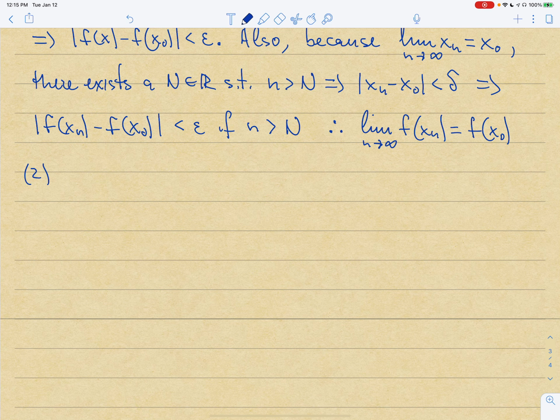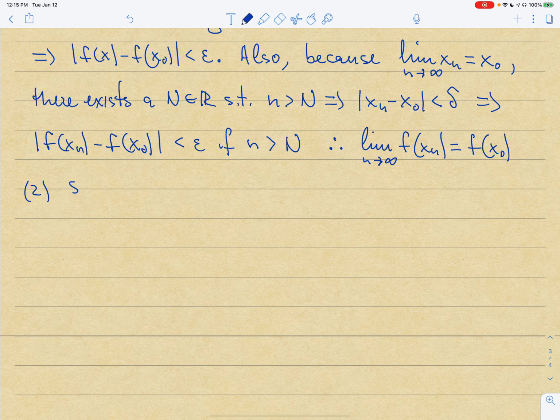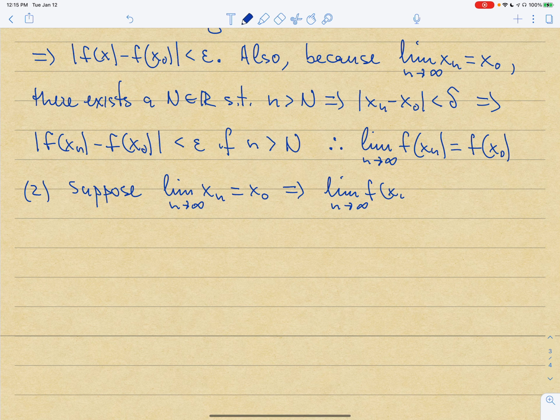Now, step number 2. Suppose, not on the contrary yet, so I'm moving backwards. Suppose the limit as n goes to infinity of xn equal to x0 always implies that the limit as n goes to infinity of f of xn is equal to f of x0.